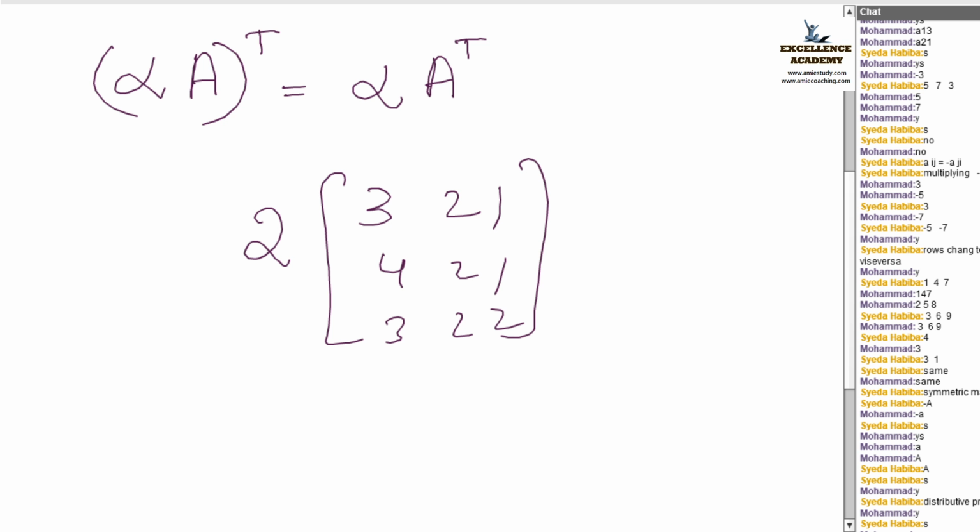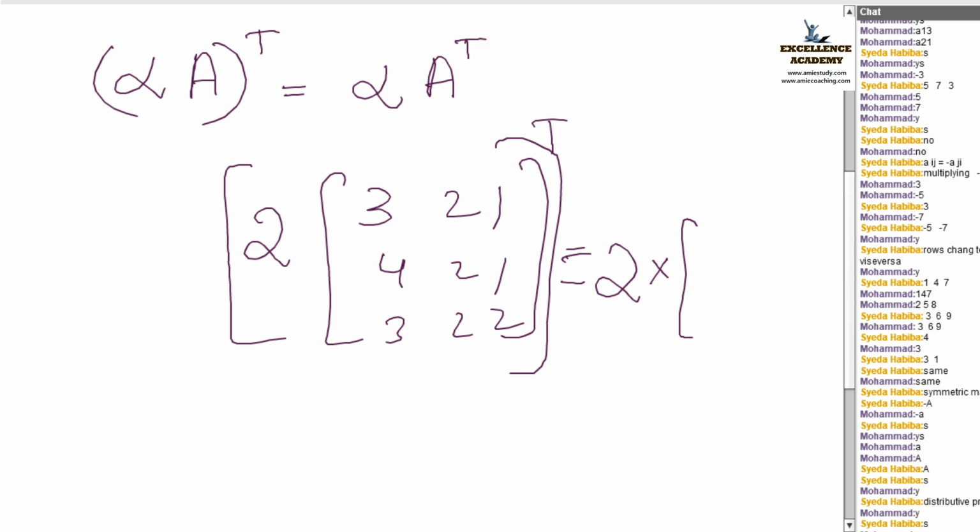Then that will be the same as 2 into A, the whole transpose. That will be equal to 2 separately, I can take it outside, into 3 2 1, 4 2 1, 3 2 2, that transpose. Clear?